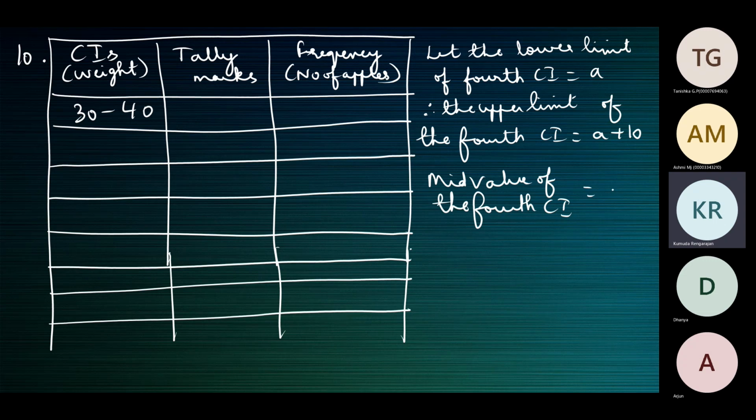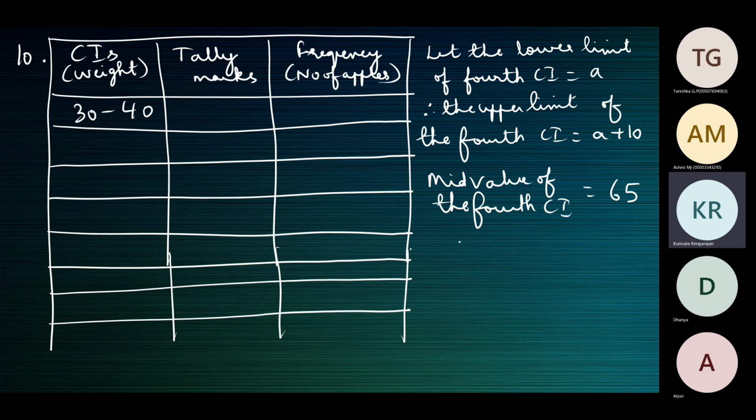What is the mid value of the fourth class interval given in the question? A plus 10 by 2 is equal to how much? 65, ma'am. That's what I asked you. So that mid value is 65. You should write like this. Mid value of the fourth class interval is equal to 65.